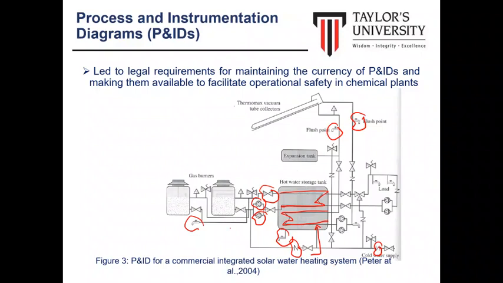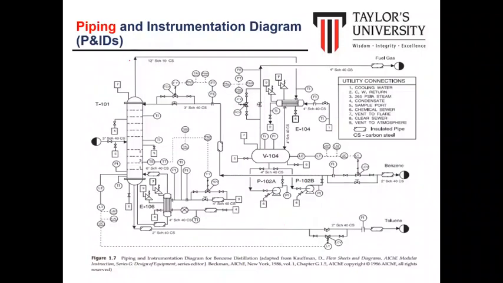This is not a standard P&ID, but I will show you what P&ID is referring to: the piping. From this piping, basically P&ID refers to the piping, which is extended further information from the PFD.